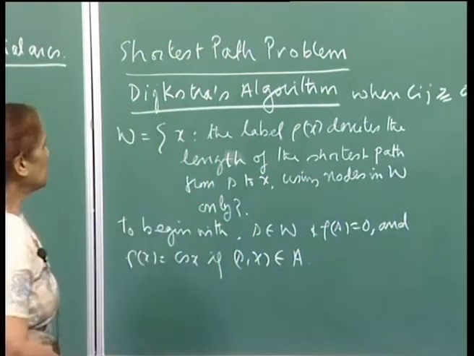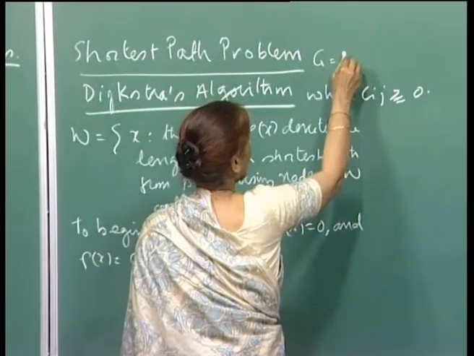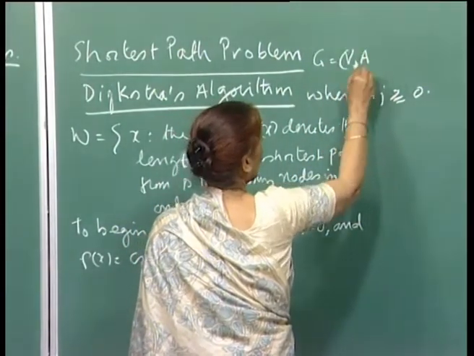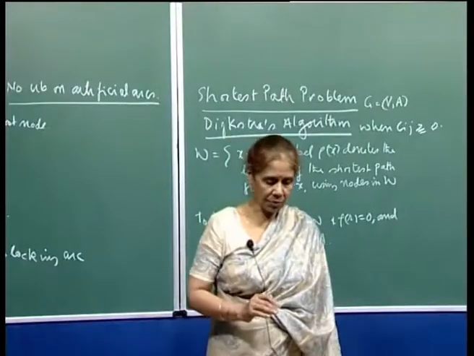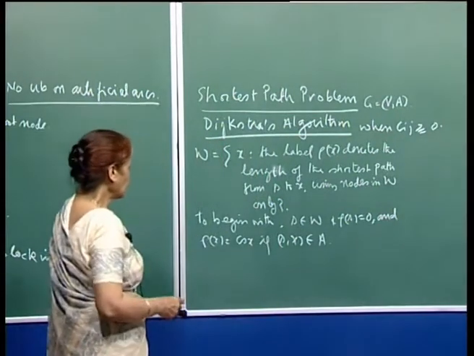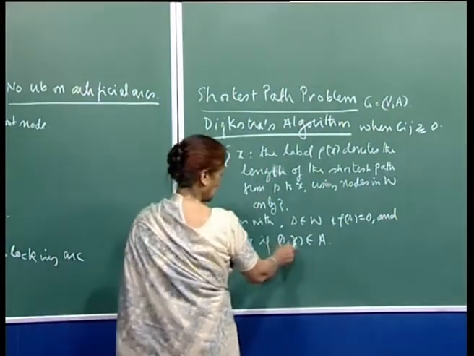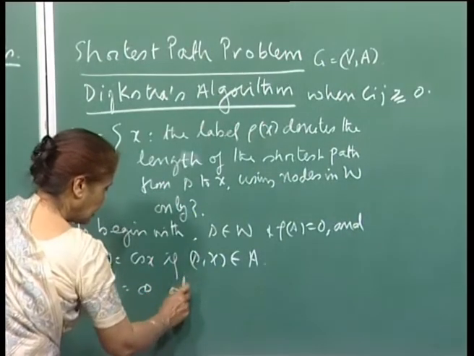Right in the beginning I told you that we will be doing this for a directed graph, and it is always understood that V is your node set and A is the arc set, so I will not write it every time. So we say that rho X is CSX if SX belongs to A, and is equal to infinity otherwise.